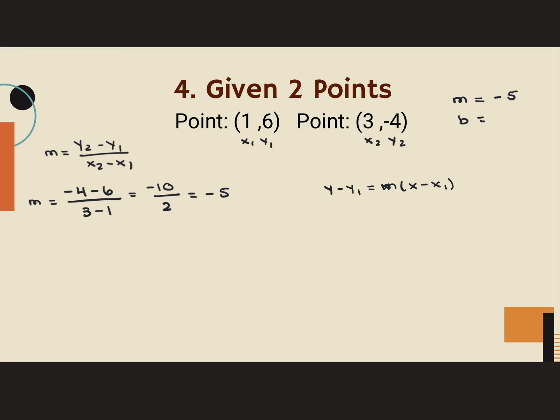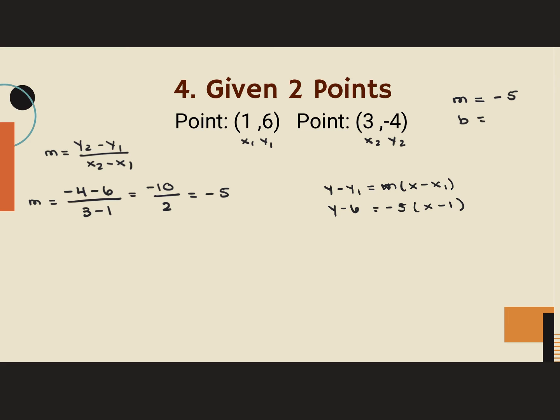Since we're using the point 1, 6, of course, you could also use the point 3, -4. Again, these points are on the same line. So you have y minus 6 is equal to your slope of -5 times x minus 1.